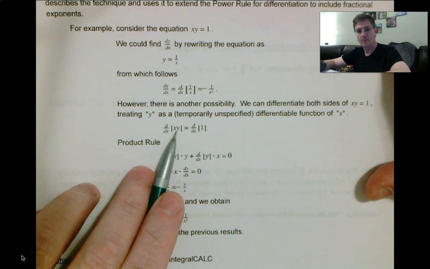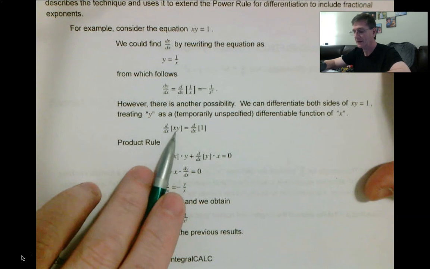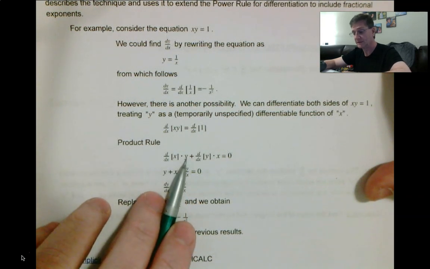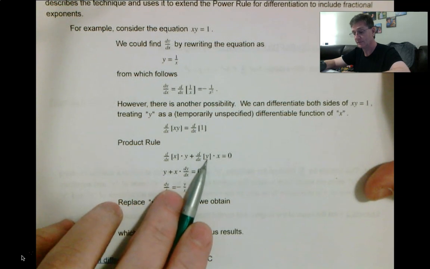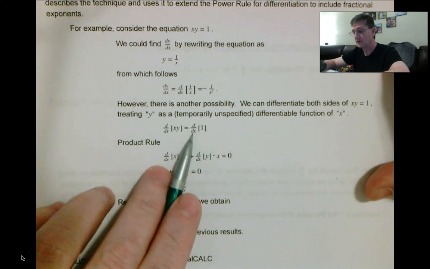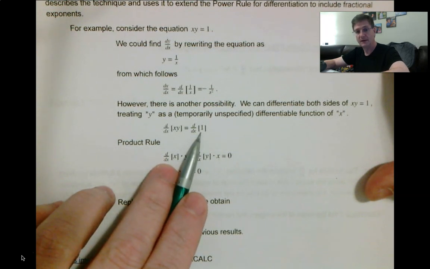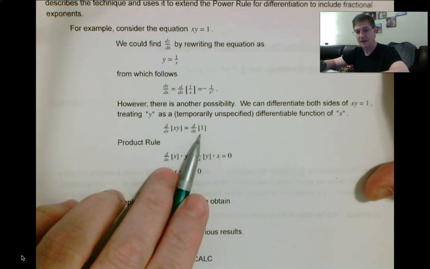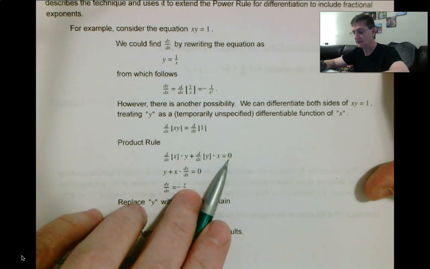This is the product rule. Derivative of the first times the second plus derivative of the second times the first equals the derivative of 1, the right hand side, which is 0. Derivative of any constant is 0.